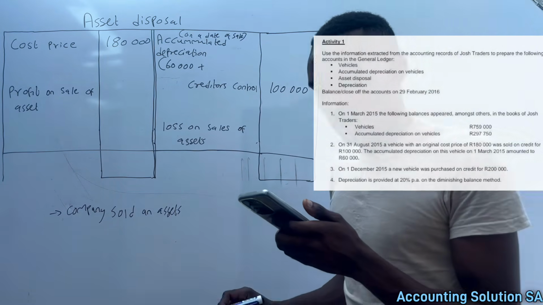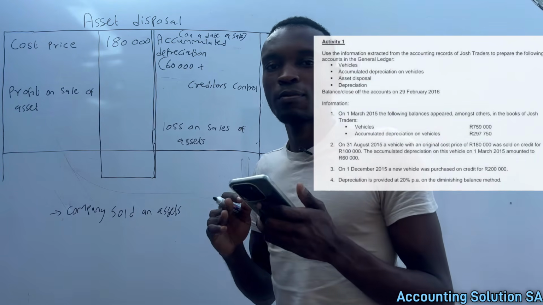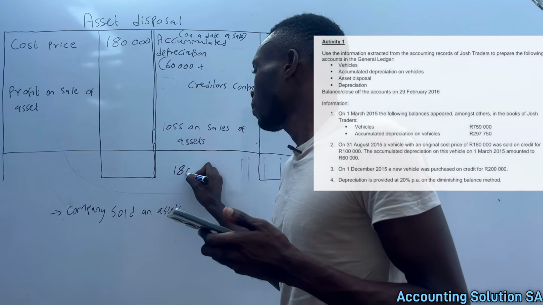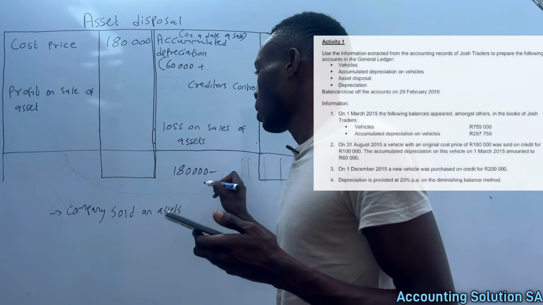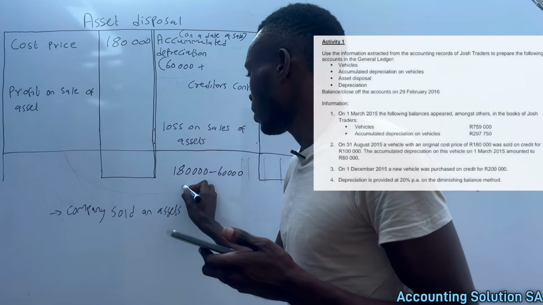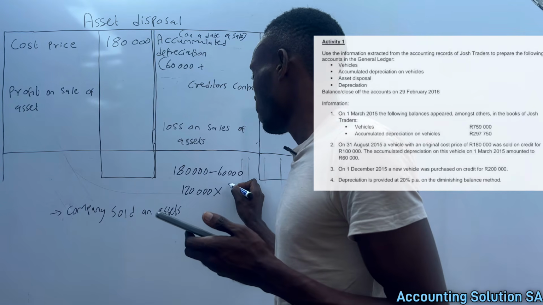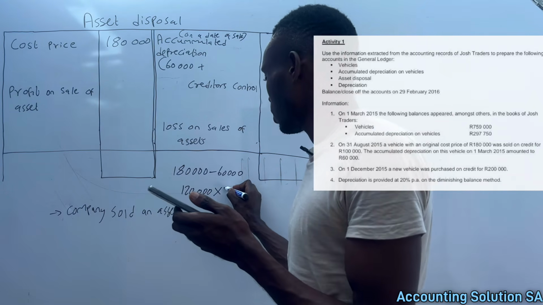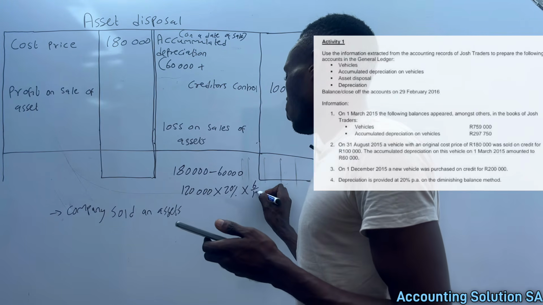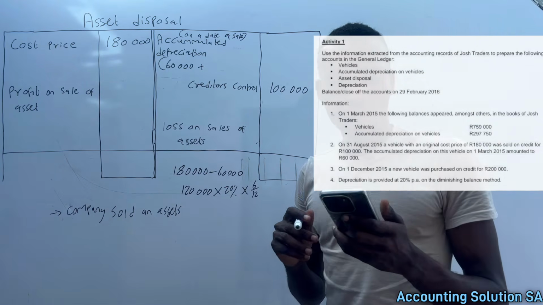Let's check the cost price. Remember, if you are using the diminishing balance method, it's a cost of 180,000 minus accumulated depreciation of 60,000, which is going to give us 120,000, multiplied by the percentage of 20%, and we multiply by 6/12. We are going to do pro rata because it's only 6 months.